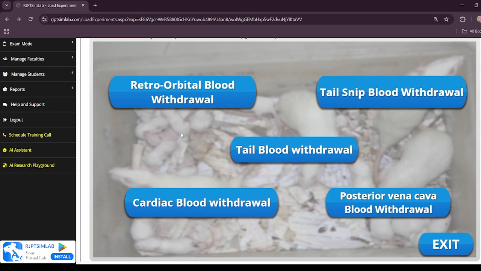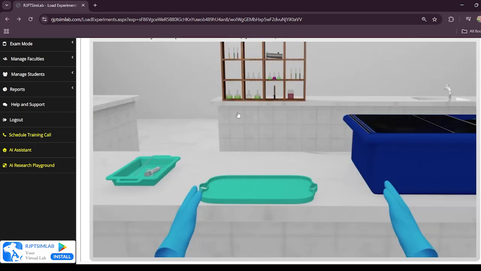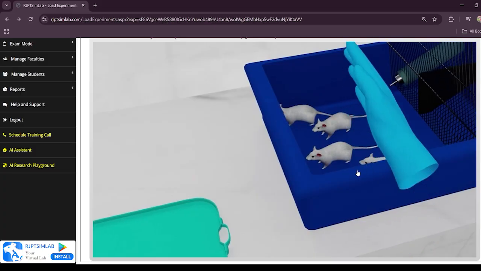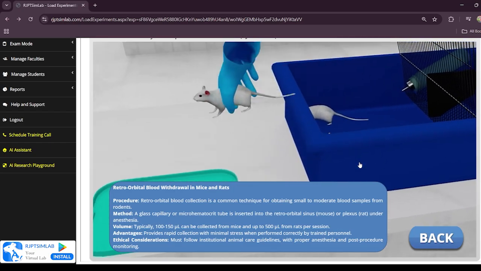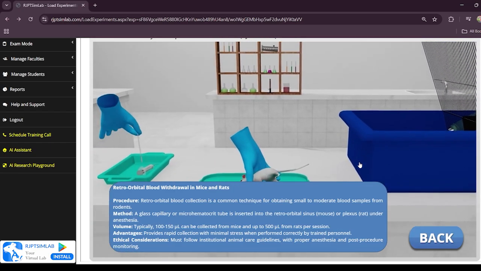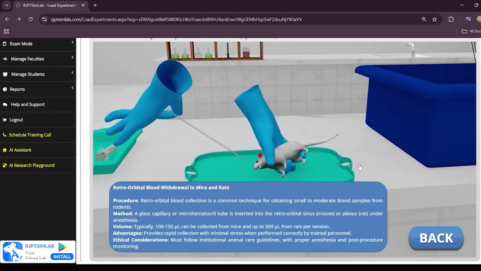So now we will see the first technique, which is the retroorbital blood withdrawal technique. As we can see in this technique, we have our animal samples, which can be either mice or rats. They are stored in the storage cage or container, and in this technique we have to pick one of the mice or rats and place it on the tray.